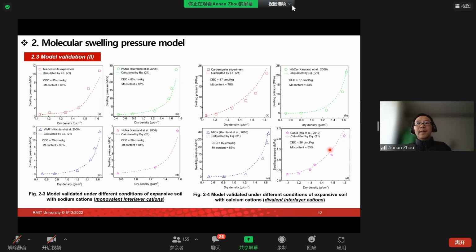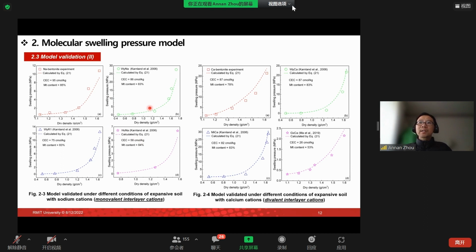We further validate our model for different soil types with different interlayer cations. We select eight different kinds of expansive soil here, so different interlayer cations, CEC values, and montmorillonite contents are involved.